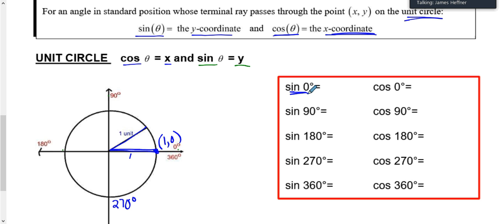Technically it's 0 over 1, because the hypotenuse is 1, which is just 0. Now what's the cosine of 0 degrees? Cosine will be 1. Technically adjacent over hypotenuse, but it's just 1. So remember, this is cosine, this is sine. Cosine comma sine is how they go.